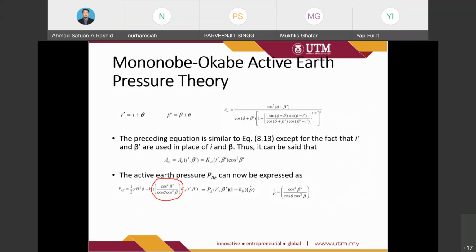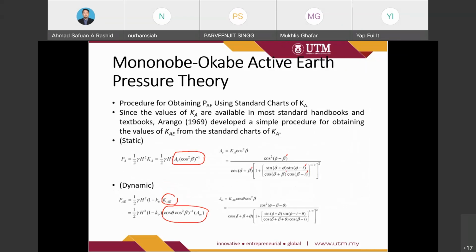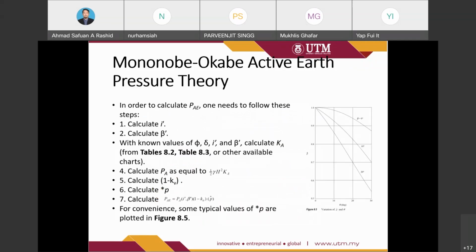So what we have discussed here is how they improvise the Mononobe-Okabe equation and relate it with the static approach. Now we look at the procedure: how could we use this Arango approach to determine the PAE?